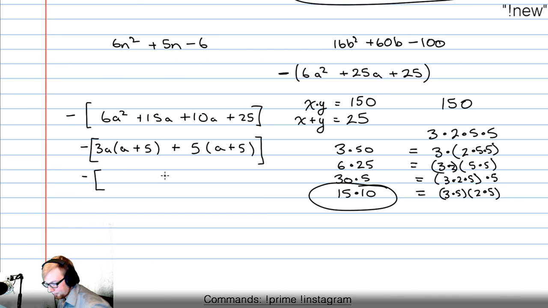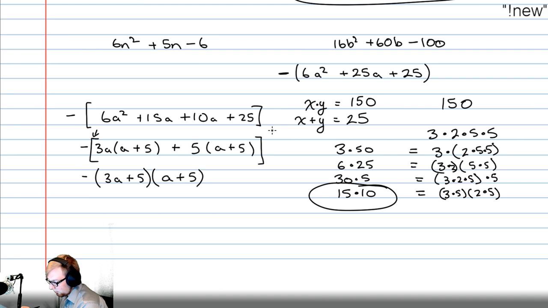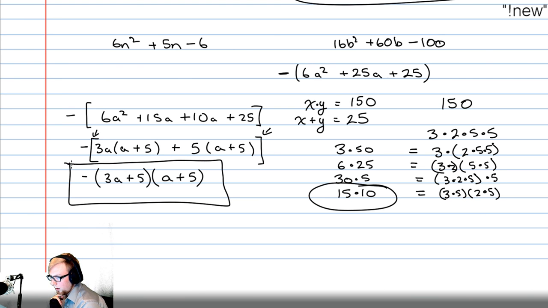It would be negative bracket 3a plus 5 in parentheses, and then the second parenthesis would be a plus 5. Good. And then close bracket. So now you don't need the big brackets. You just needed them before because of the 3a and the plus and stuff. It wasn't fully ready. So now with the final solution, you don't need the big brackets because they don't change anything.